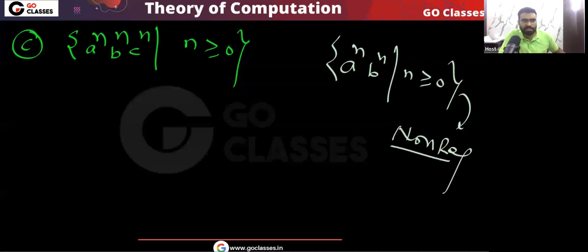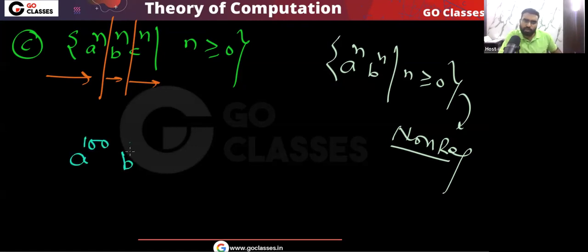Similarly, you can easily see that this is also non-regular, because remember, the number of a's must be the same as the number of b's, which must be the same as the number of c's. If you have, for example, 100 a's, then you must have 100 b's and 100 c's. You must remember how many a's you have seen.